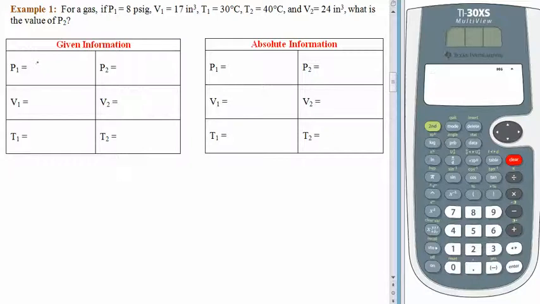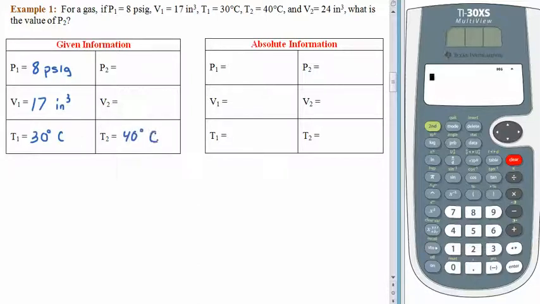P1 is 8, and that's PSIG. Always a good idea to keep your units handy so that you don't forget what they were. The initial volume, V1, is 17 inches cubed. The initial temperature, T1, is 30 degrees Celsius. The second temperature is 40 degrees Celsius.